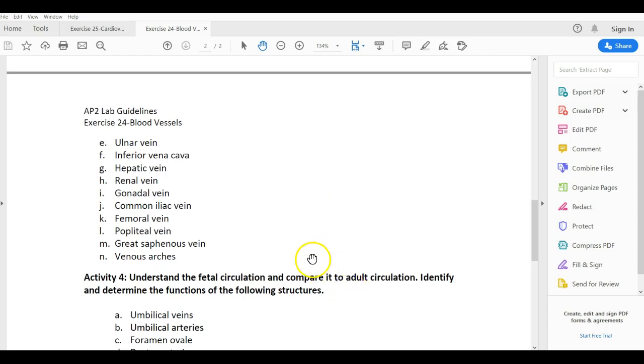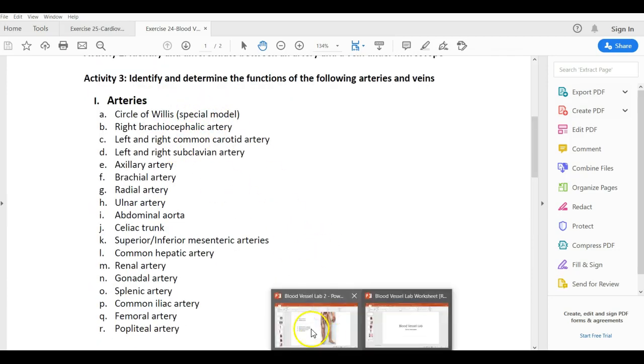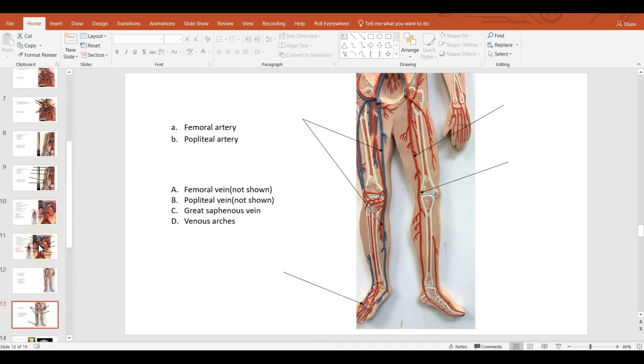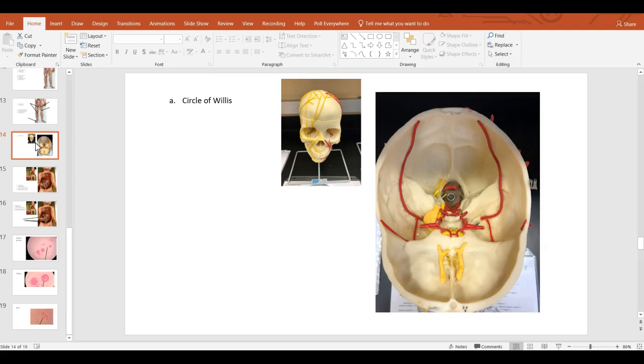Moving on to the circle of Willis, which I did not do yet, so let me show you where it is. The circle of Willis is in your skull. So here's the skull. If you take the skull cap off and look, now you're looking directly down into the skull.